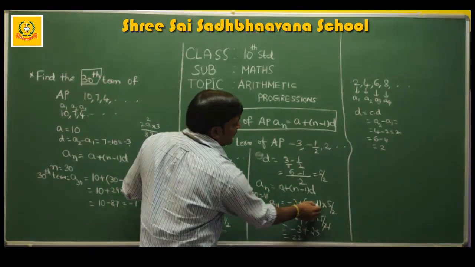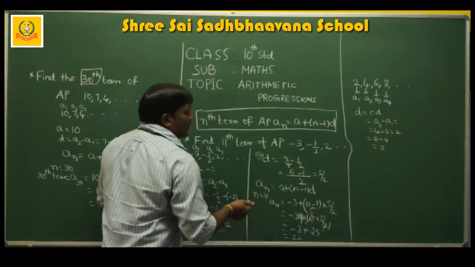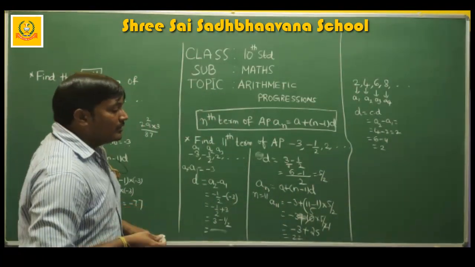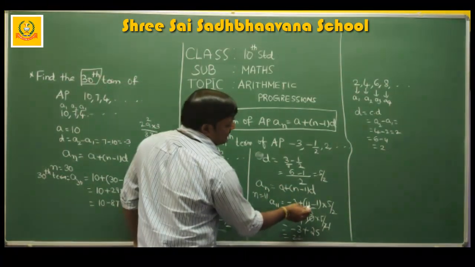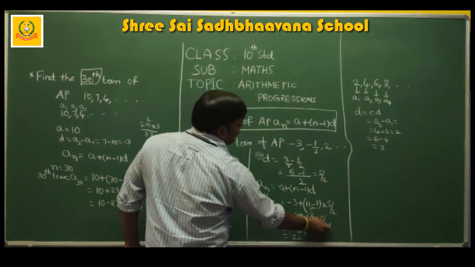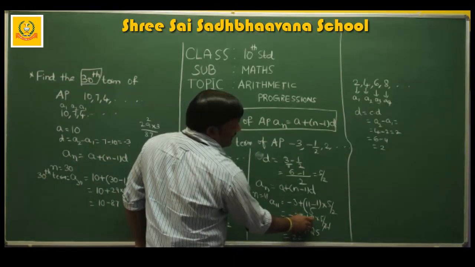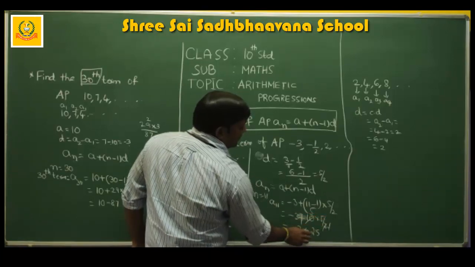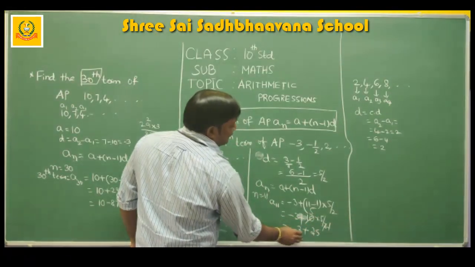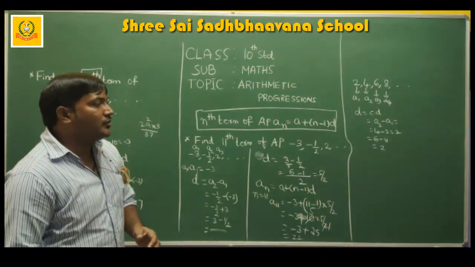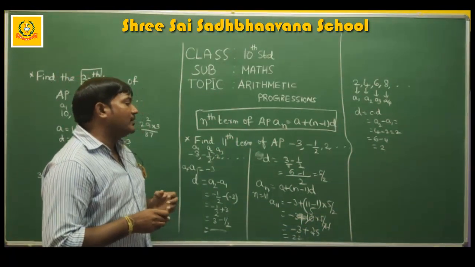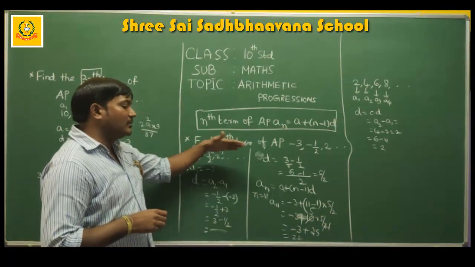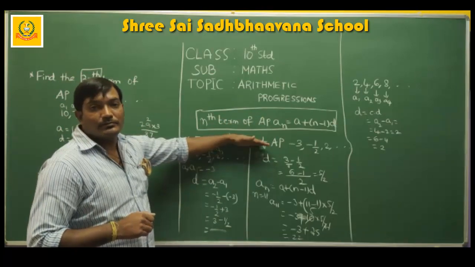So minus 3 plus 11 minus 1 into 5 by 2. Okay, so 11 minus 1 is 10, minus 3 plus 10 into 5 by 2, 2 ones are 2, 5 twos are 10, so it will cancel, minus 3 plus 5 into 5, 25, so 25 minus 3 is 22. So what is the value of 11th term here? 11th term will be 22.